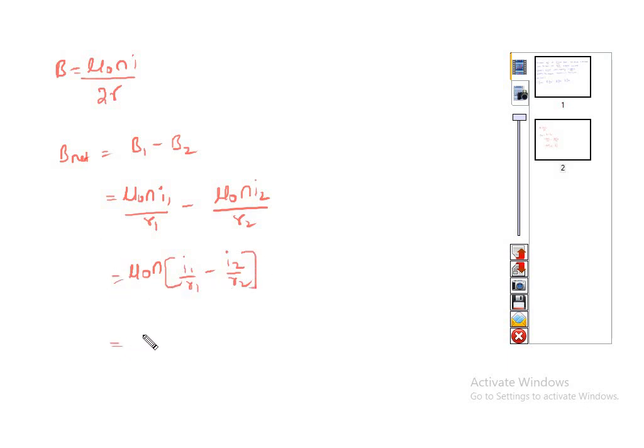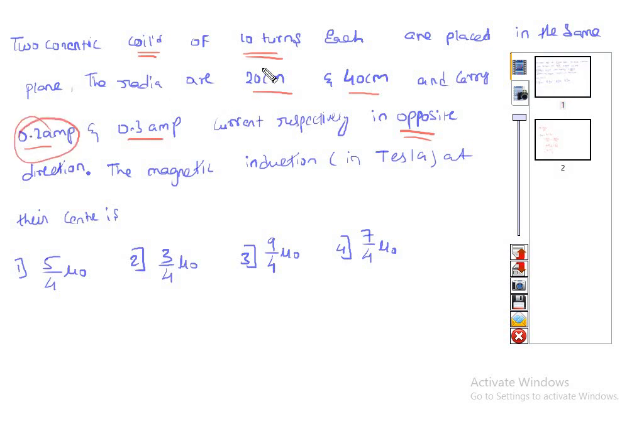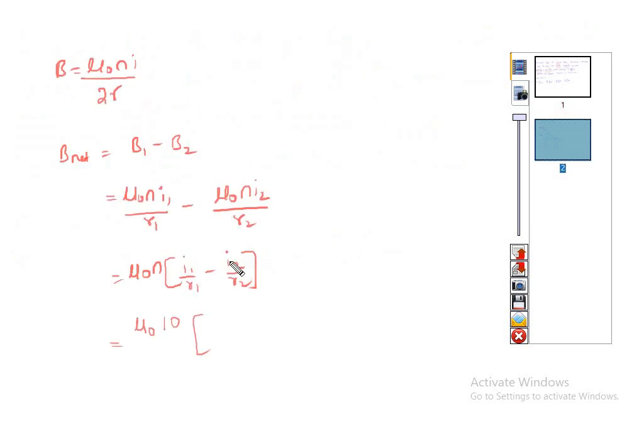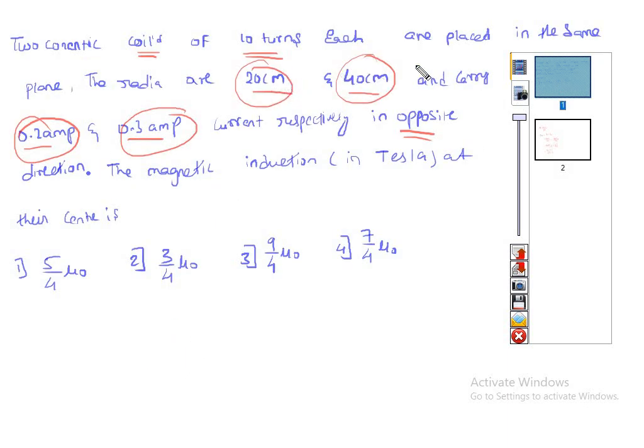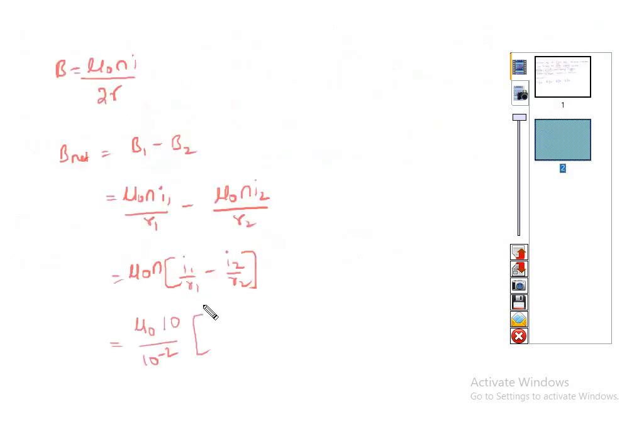So then we can write it as, mu naught, the number of turns is 10, into 0.2 by 20 centimeters minus 0.3 by 40 centimeters, right? So from the denominator you have 10 to the power of minus 2 common. Why? Because this is in centimeters, we are converting it into meters. So it will be 0.2 by 20 minus 0.3 by 40, right?